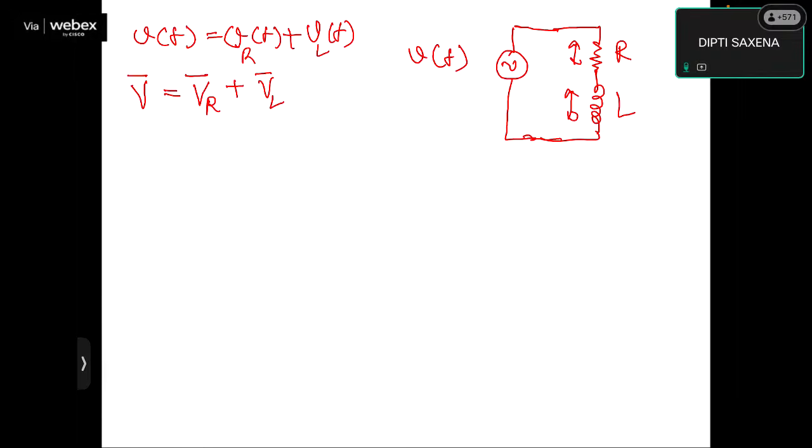You have already derived the phasor voltage across the resistance: it is the phasor current through the resistance times the impedance, that is I into R. And the voltage across the inductance is phasor I into j omega L. That is, you can write V equal to I times R plus j omega L.